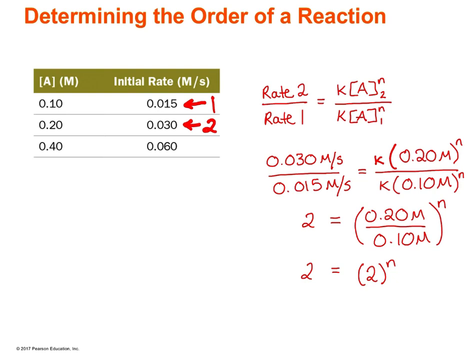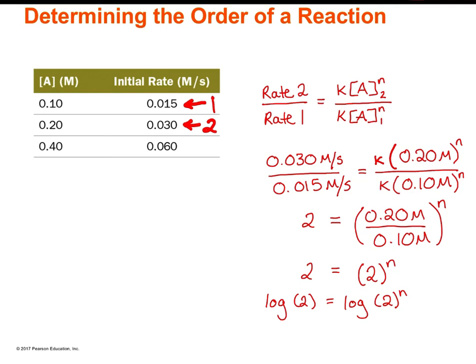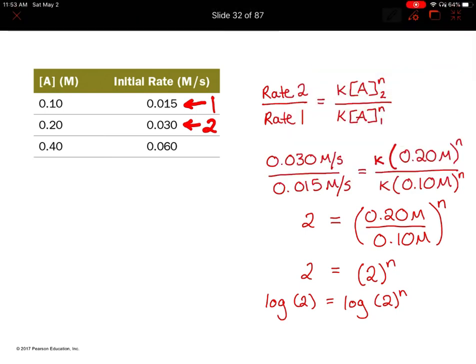In order to solve for n, which is the order of the reaction, we're going to take the log of both sides. Now remember, if you have the logarithm of something raised to a power, we can bring that power down in front of the logarithm.